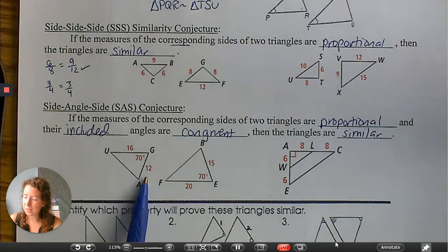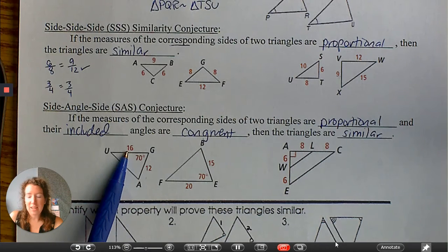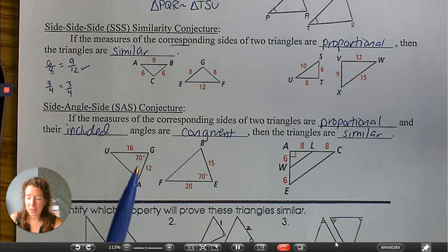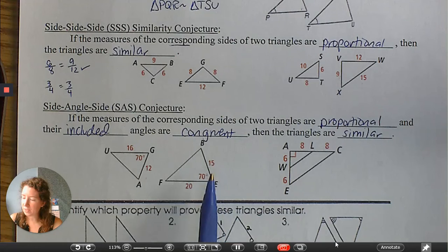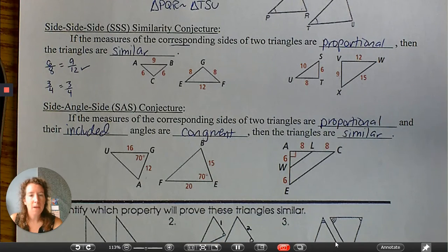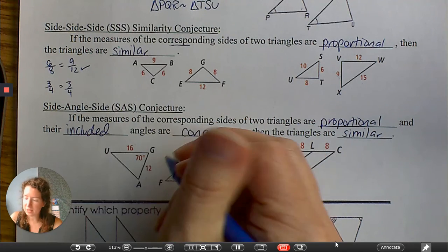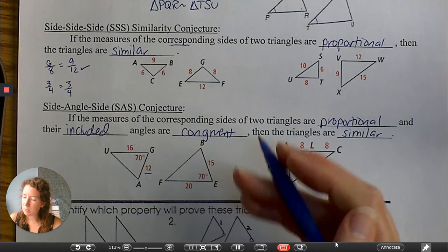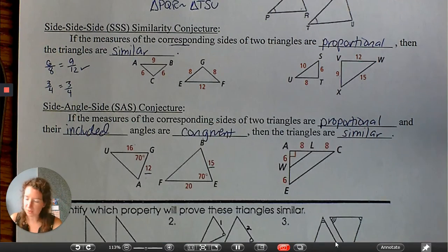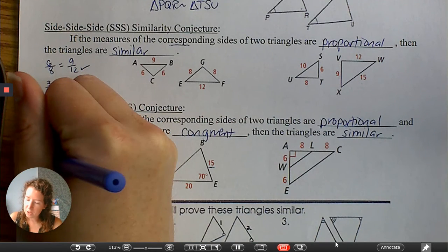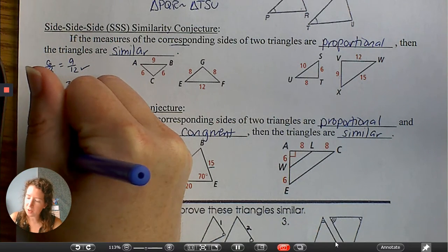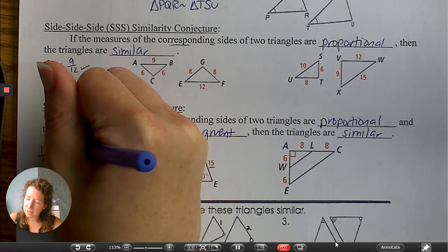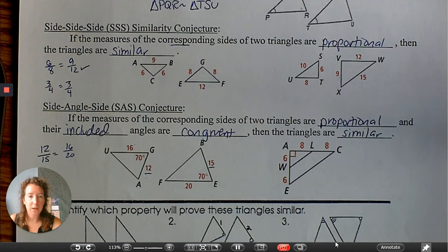So for example, here, we've got a 16 and a 12 with an angle of 70 between them. Here we've got a 15 and a 20 with a 70 between them. Remember to compare your corresponding sides. Since 12 is smaller than 16 and 15 is smaller than 20, I would compare the 12 and the 15. So 12 over 15, and I want to know, is that the same as 16 over 20?